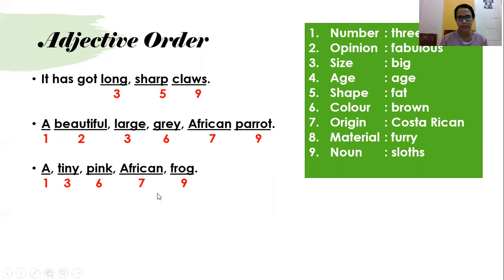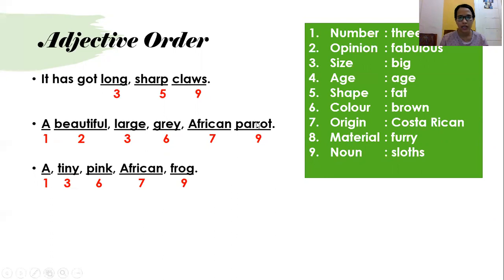So the number will be at the beginning, and the last one will be the noun as it is being described. Okay, now let's check one by one. It has got long, so you order it. That's why it's named adjective order.